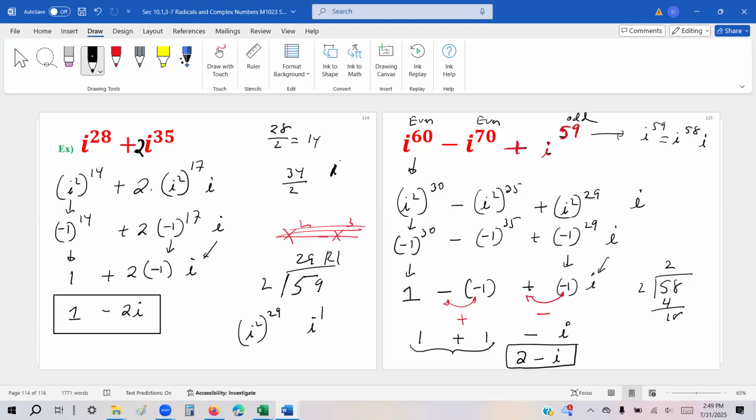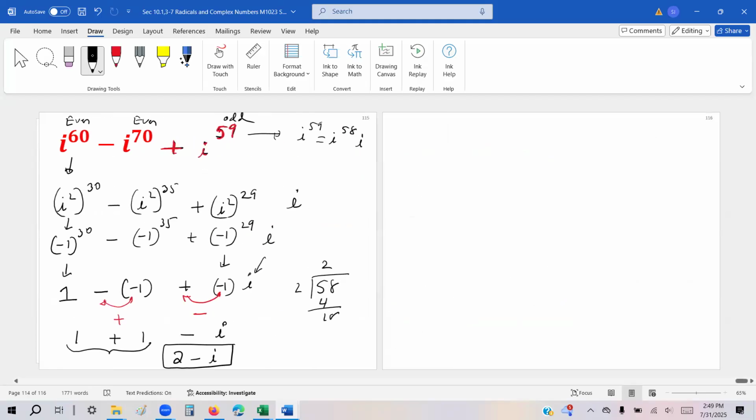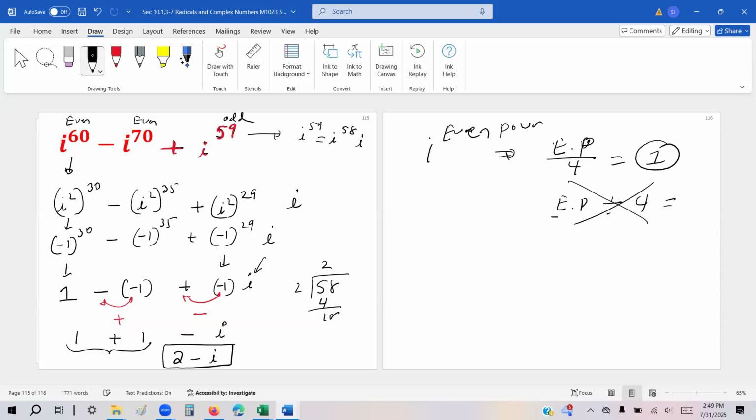So for even power, i to the even, only for even. If the even power is divisible by 4, then the answer will be 1. If the even power is not divisible by 4, the answer is negative 1.